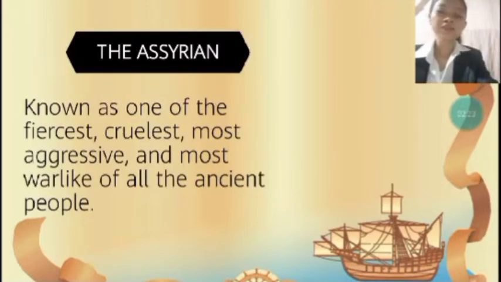Next is the Assyrian, known as one of the fiercest, cruelest, most aggressive and most warlike of all the ancient people. This empire included almost all of the old centers of civilization and power in West Asia. With great efficiency, the Assyrians organized and conquered territories.